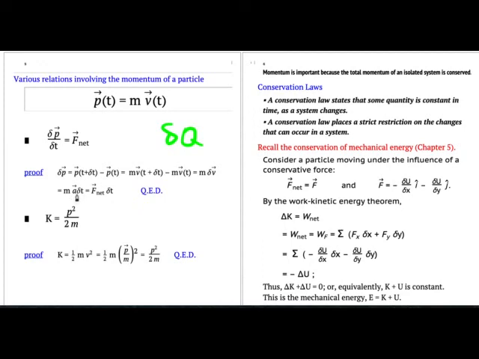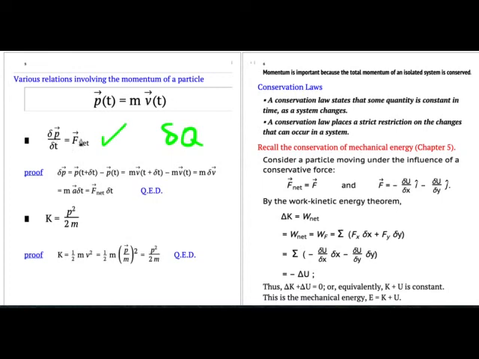In the time interval delta T, the acceleration multiplied by that time is the change in velocity. Acceleration is rate of change of velocity. Now I can group mass times acceleration. That's the net force. That's Newton's second law. So I have F net delta T. If I divide both sides of the equation by delta T, I get this relation.